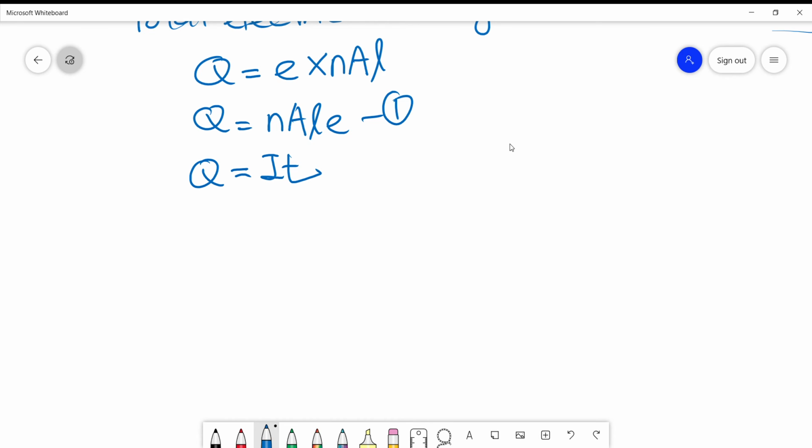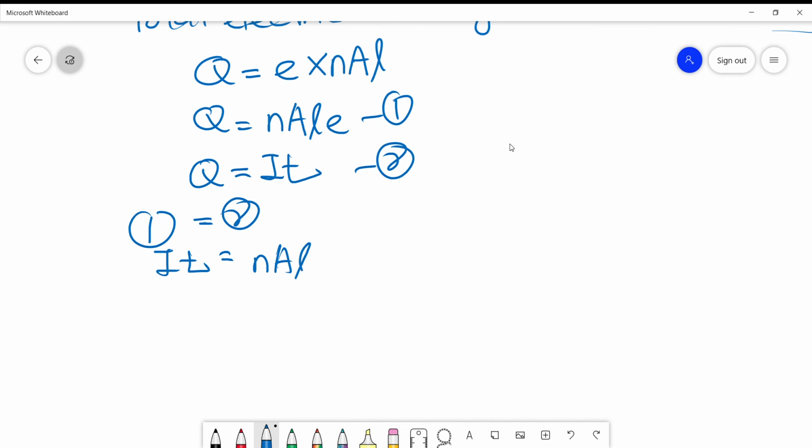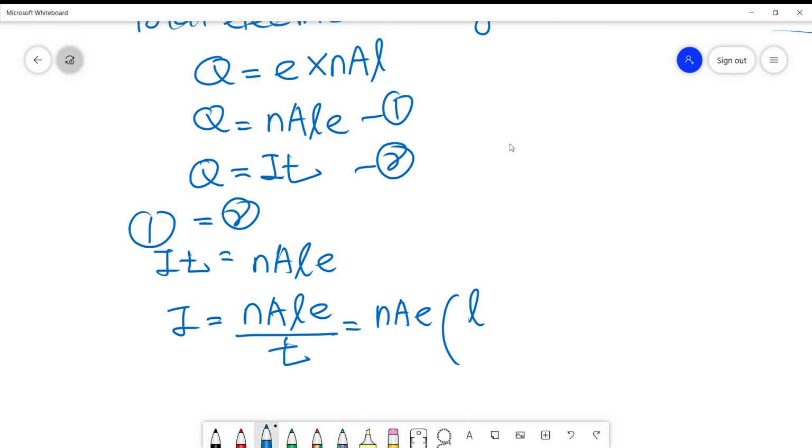If I equate both equations, what I get is It equals nALe. If I move the t to the other side, what I get is this one, nAeL over t.